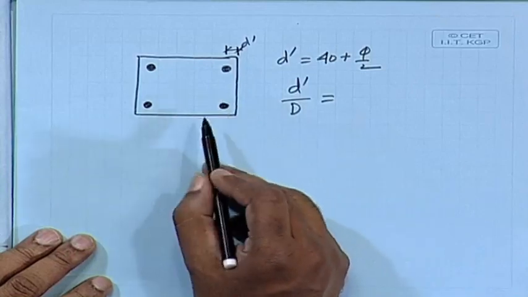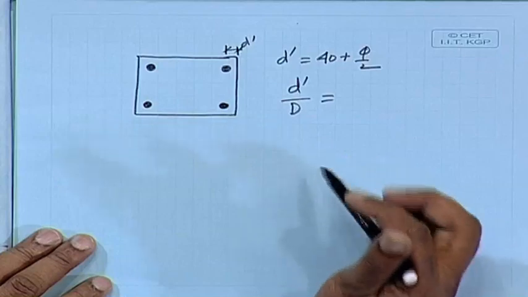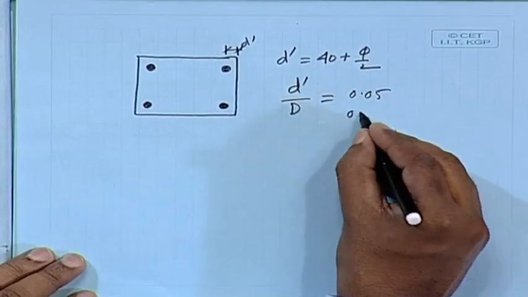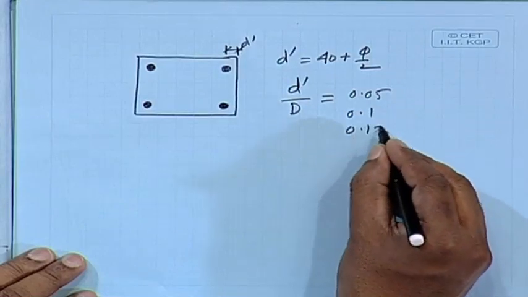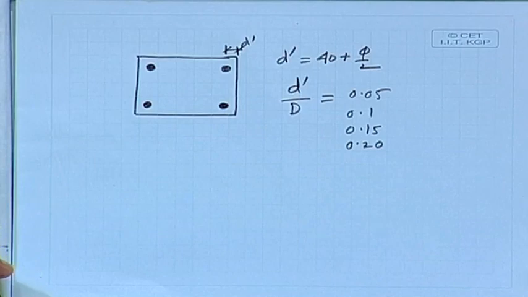Depending on different d dash by d, we get different strains, that is why we have different charts. It starts with 0.05, 0.1, 0.15, 0.2.